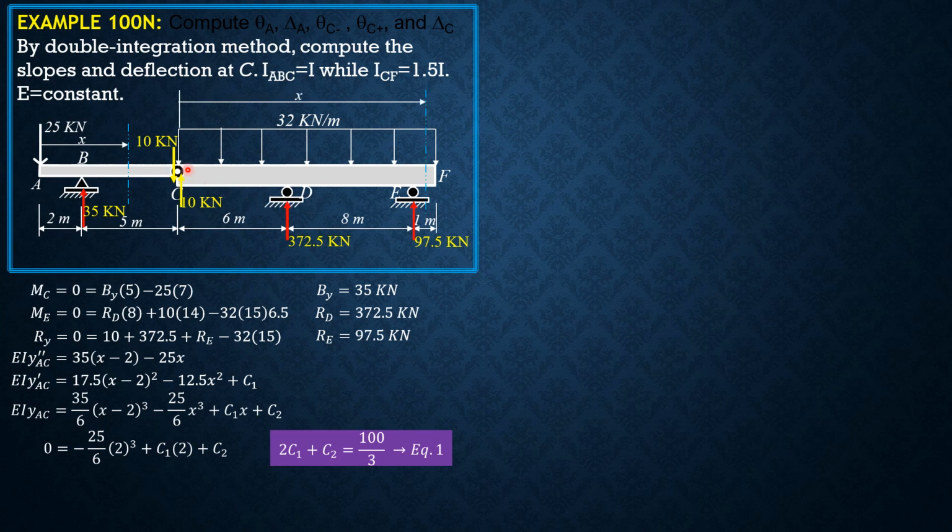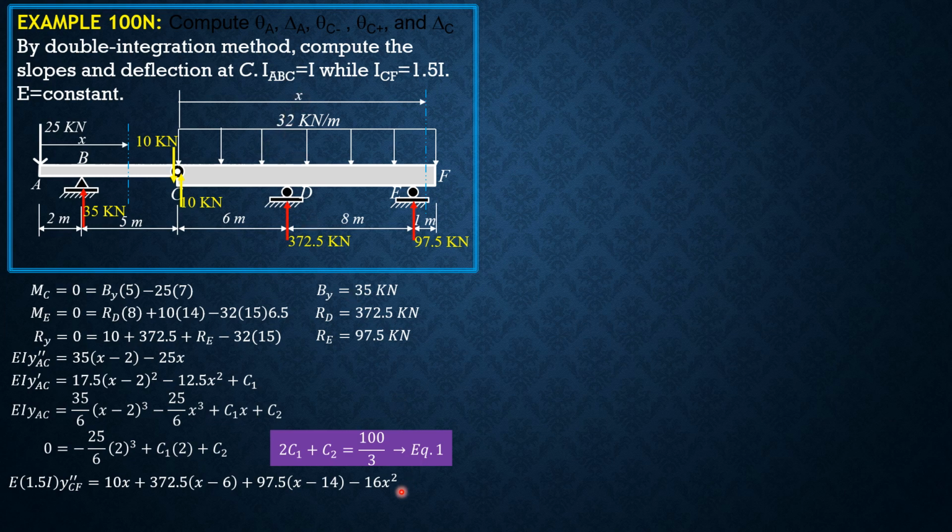So that means the constant C sub 3 is the slope just to the right of C, and C sub 4 is the deflection at C. So E times 1.5 I of y double prime CF is equal to 10x plus 372.5 times quantity x minus 6 plus 97.5 times quantity x minus 14 minus 16x squared, where 16x squared is 32 times x over 2.